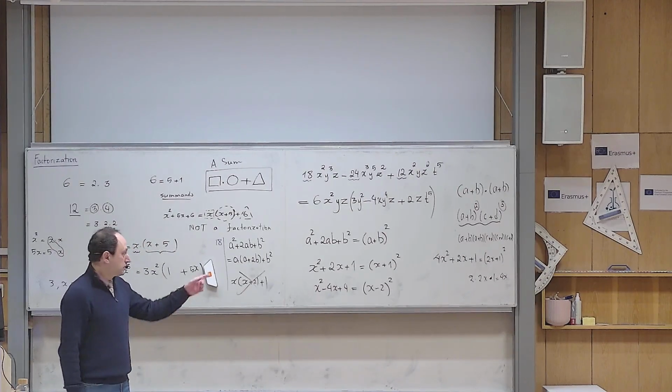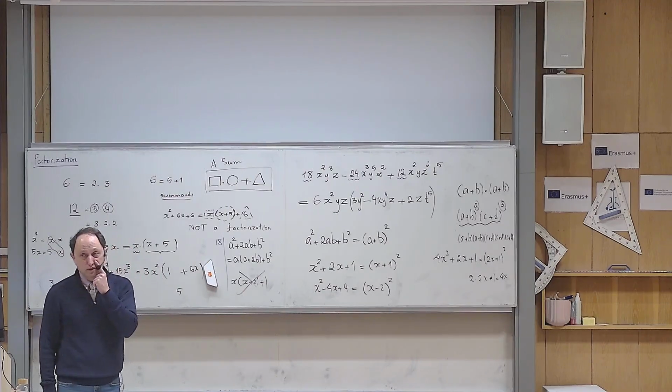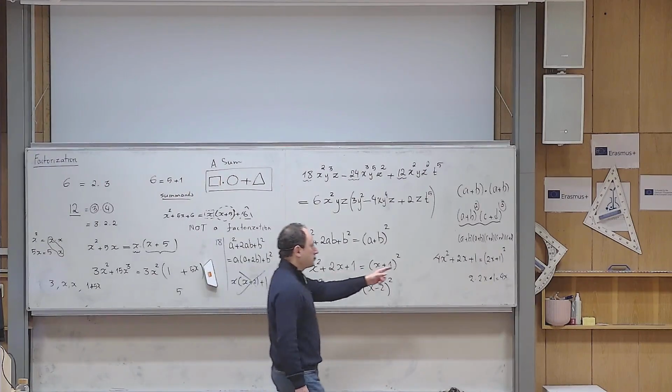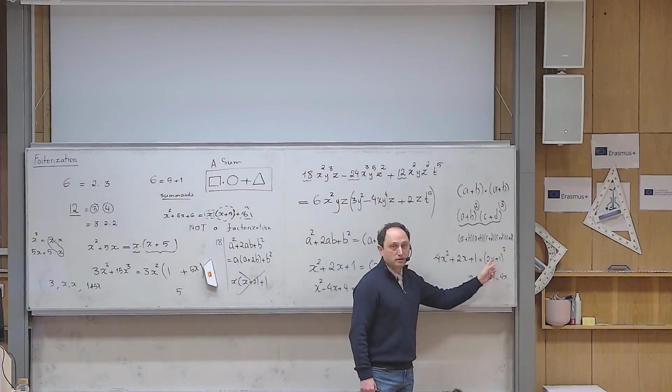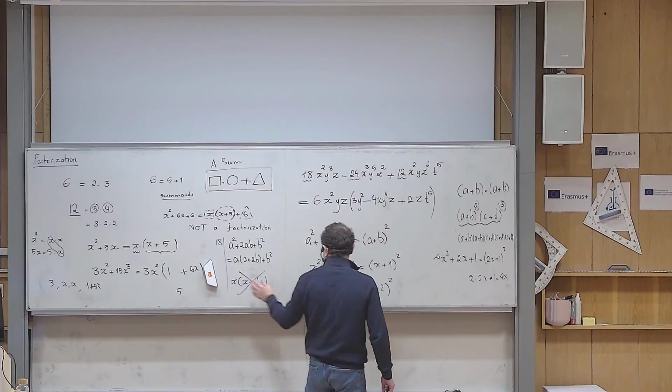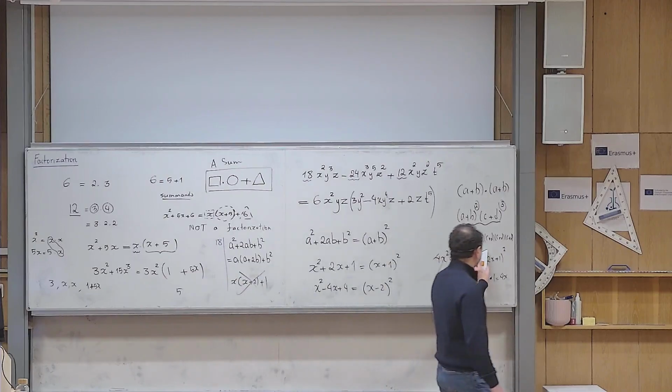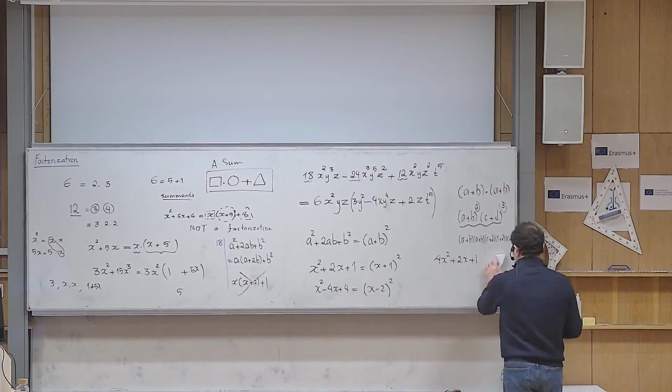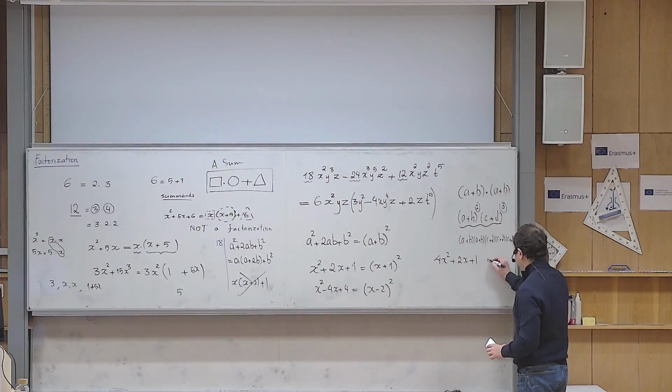So some algebraic expressions are also not factorizable. If I give you this in the exam and ask you to factorize it, and you write this, it means that you didn't respect the meaning of equality. So you just write not factorizable.